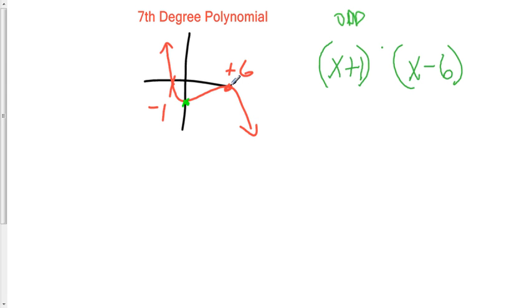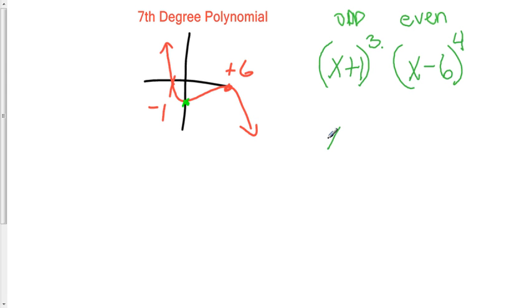And because it touches on this one, the exponent has to be even. So therefore, because it's a 7th degree polynomial, this could be to the 3rd, this one could be to the 4th.